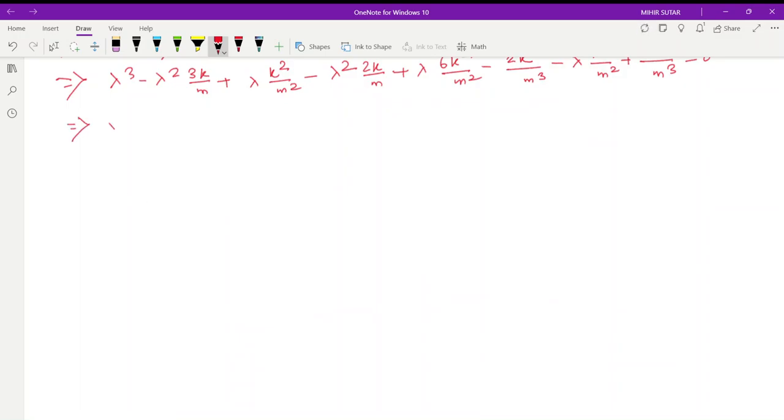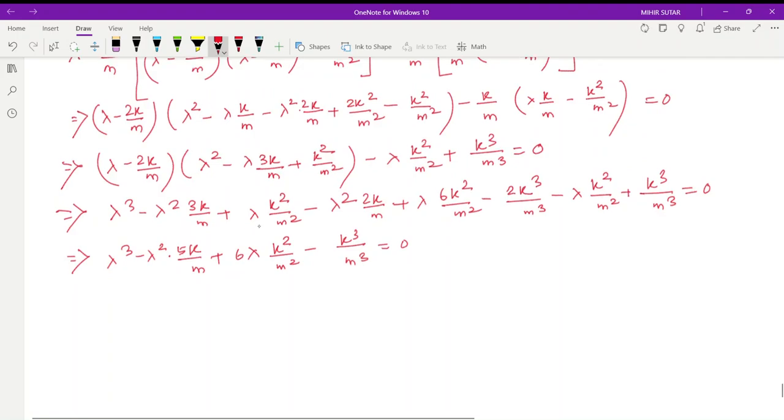So lambda cube minus lambda square 5k by m plus 6 lambda k square by m square minus k cube by m cube equal to 0, because we have this and this get cancelled out. Okay.